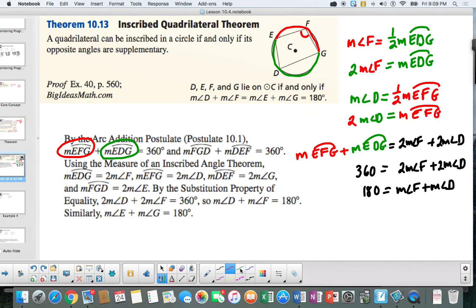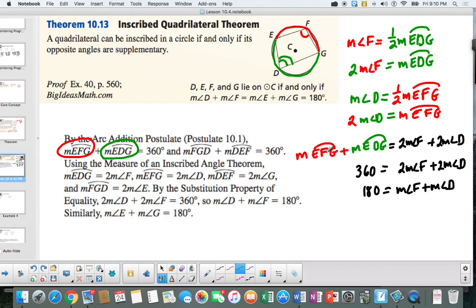Now I'm going to work with angle D. And angle D is going to be half the red arc. And to get rid of the half, I'm going to multiply both sides by 2. And I'm going to get a relationship for this red arc. I'm going to take the red arc plus the green arc.